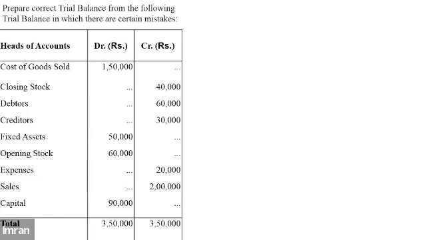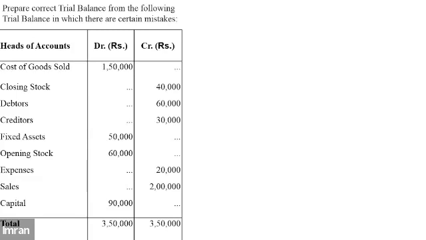The thing is that there are certain accounts whose balance should have been recorded on the debit side. By mistake, we have recorded those items on the credit side. And similarly, there are certain accounts whose balance should be recorded on the credit side, but we made a mistake and recorded that balance on the debit side.